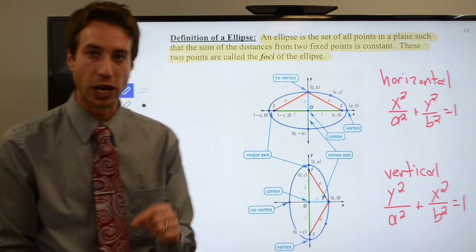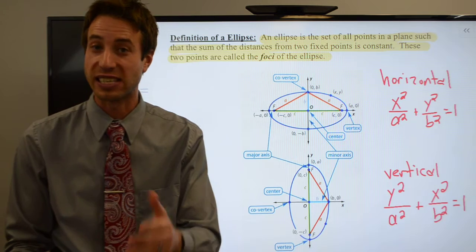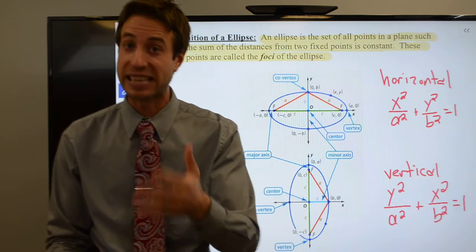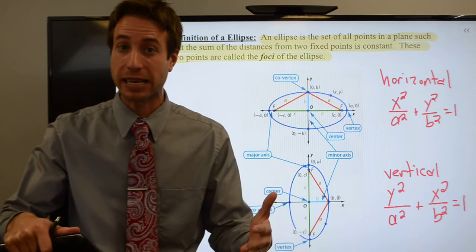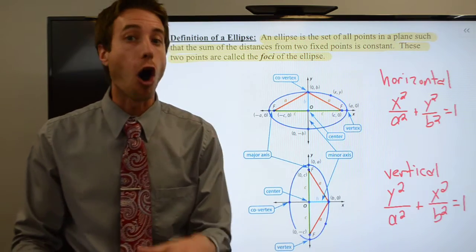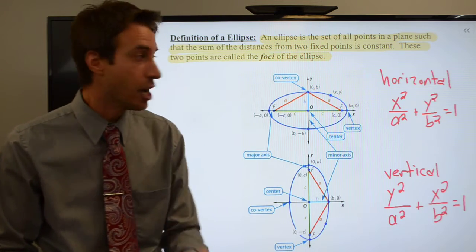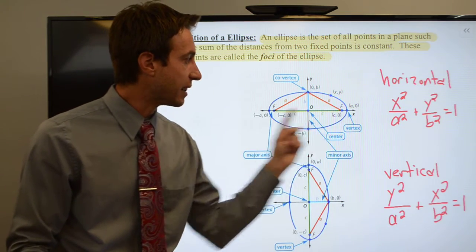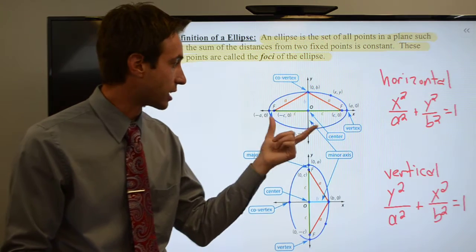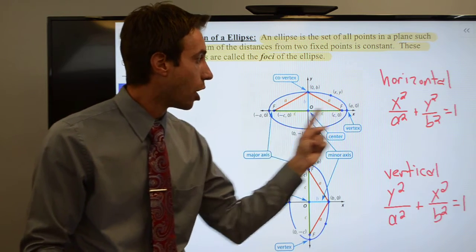And here's what's going on. These a squared and b squared are numbers. They're constants. In fact, they represent the length of the axes. So a will always be the major axis. My ellipse is oriented horizontally because my major axis, the long axis, is horizontal.